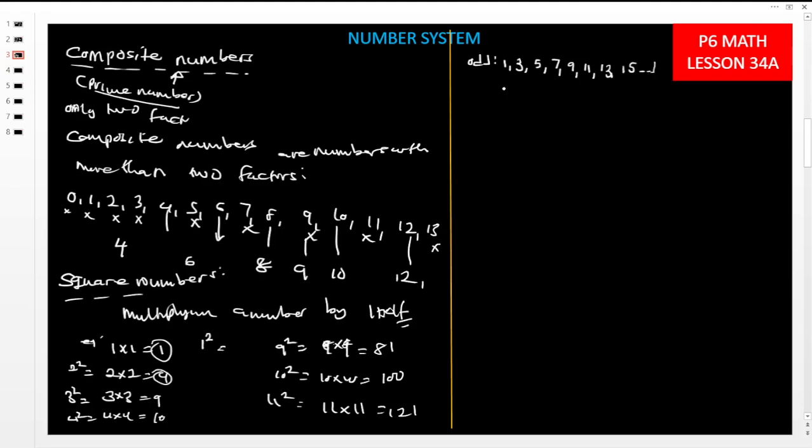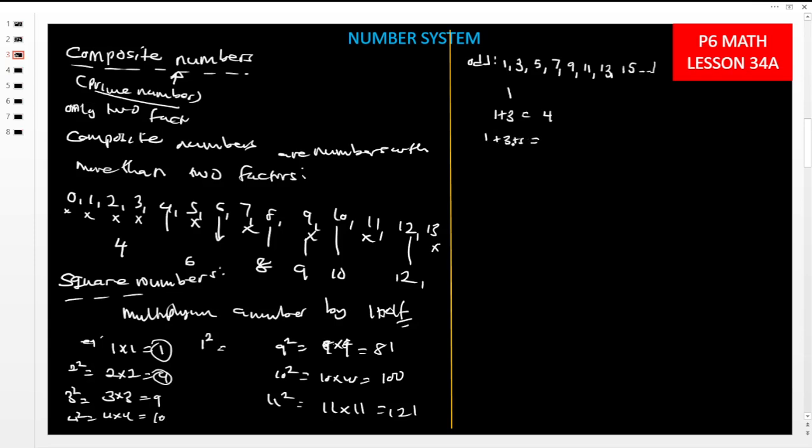They are odd numbers. Now we start with 1. Now 1 plus 3, we get 4. Are you getting that? Now we are adding consecutive odd numbers. Now we have 1 plus 3 plus 5.